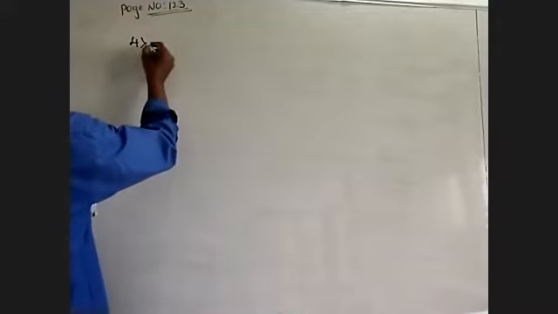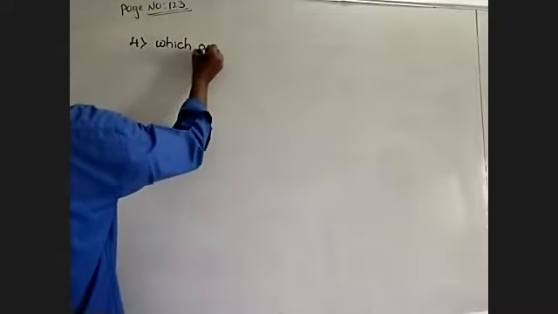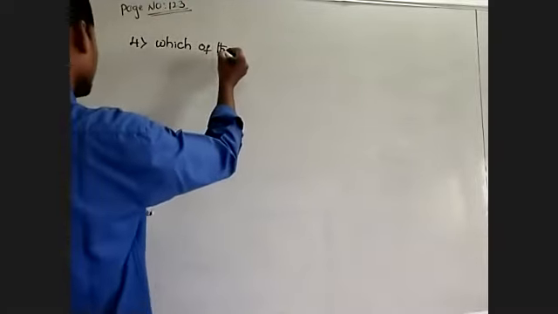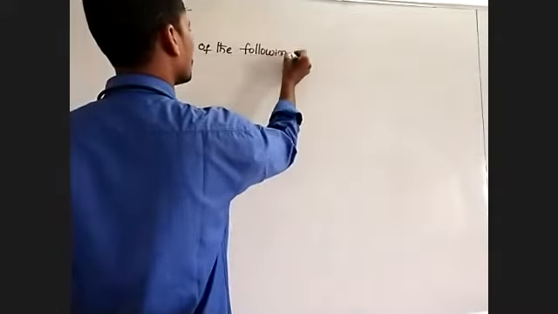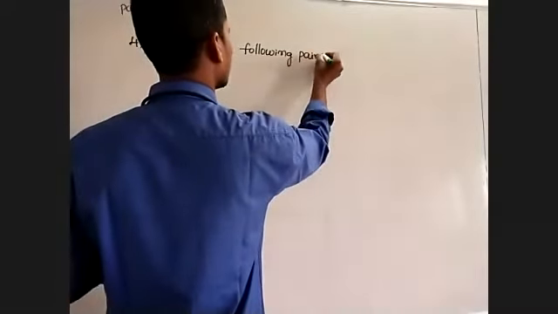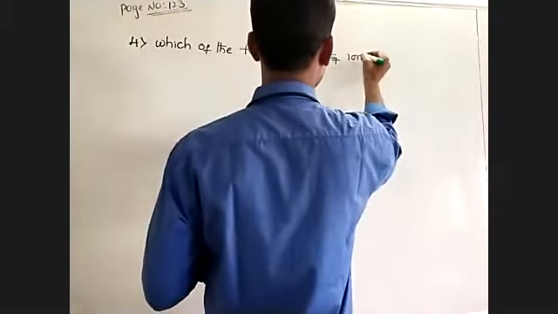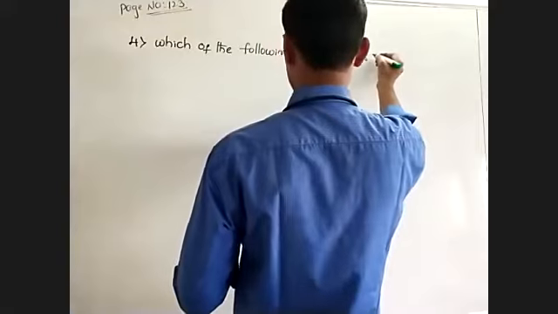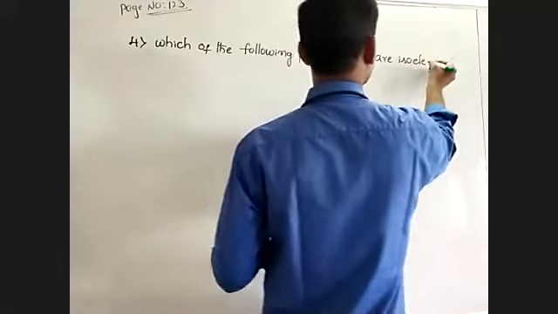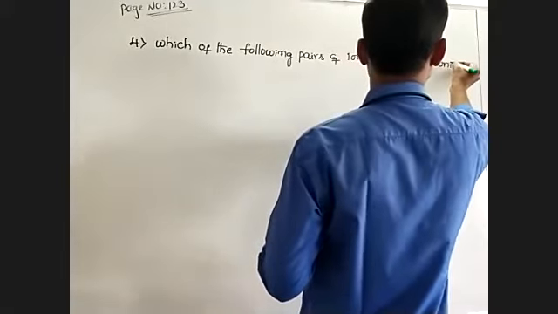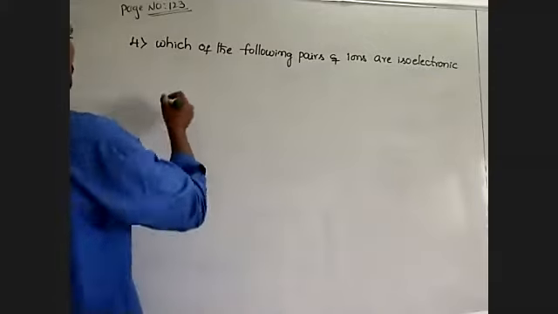Which of the following pairs of ions are isoelectronic and isostructural?